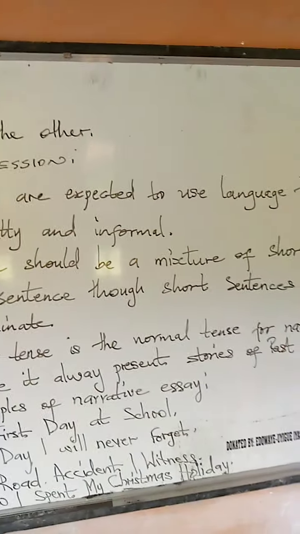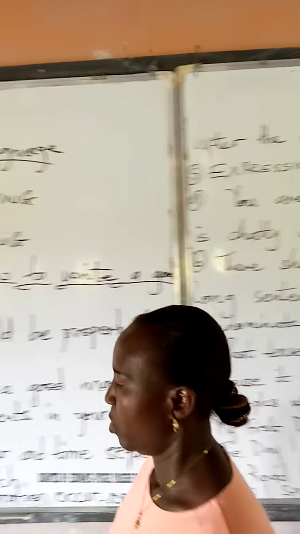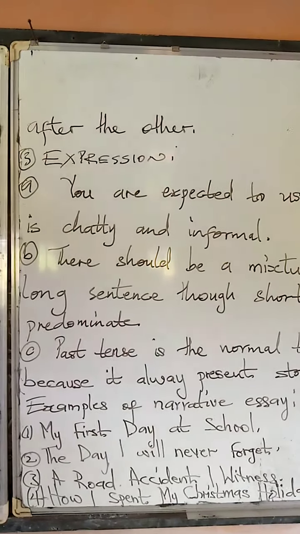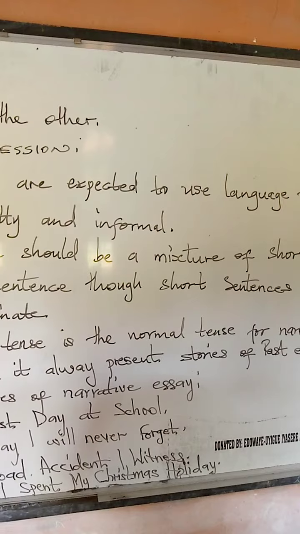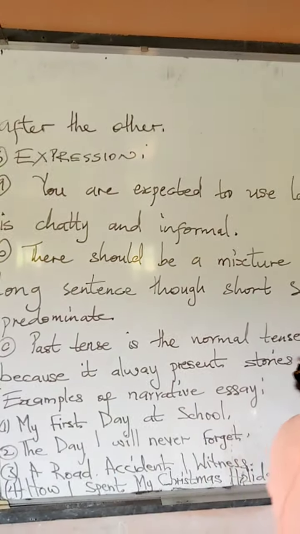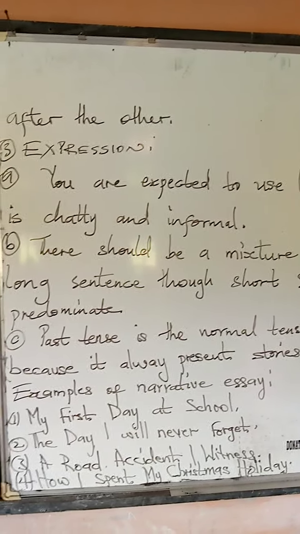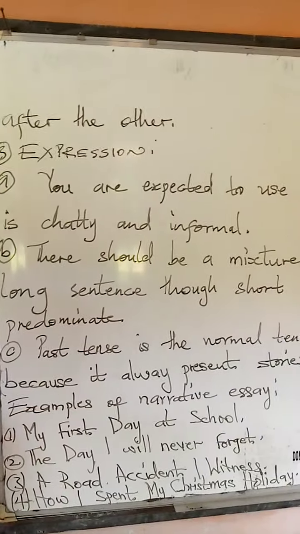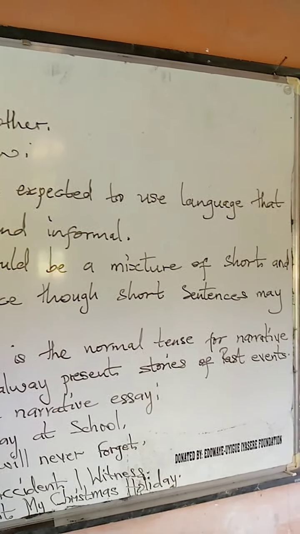You are to make use of good grammatical structure, good punctuation, and good vocabulary development. You should be exposed to a lot of vocabulary development and idioms as a student, so that you can express yourself in any aspect of continuous writing.